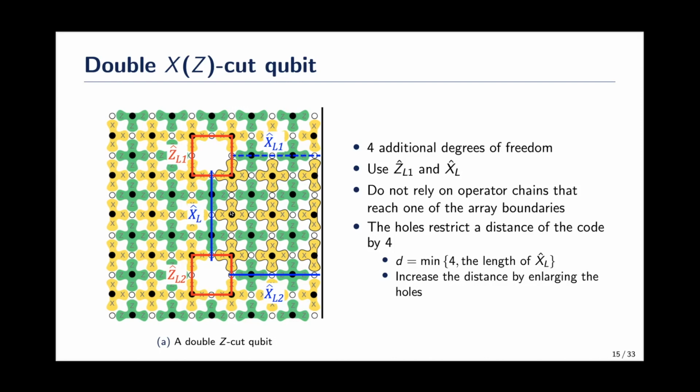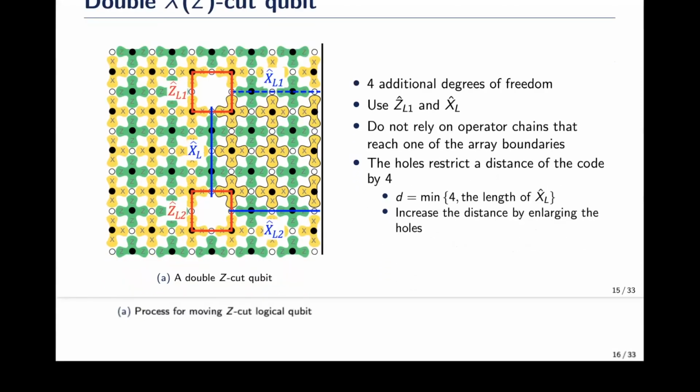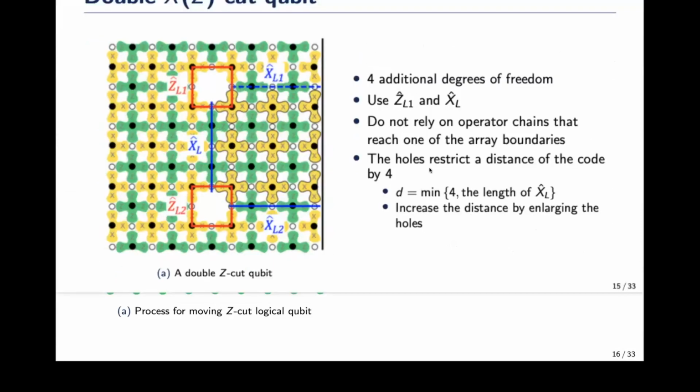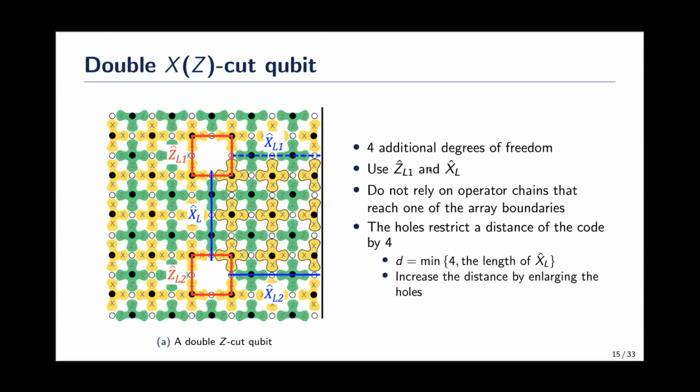We can increase the distance by enlarging holes like this. So if we make a bigger hole, then we get more degrees of freedom.